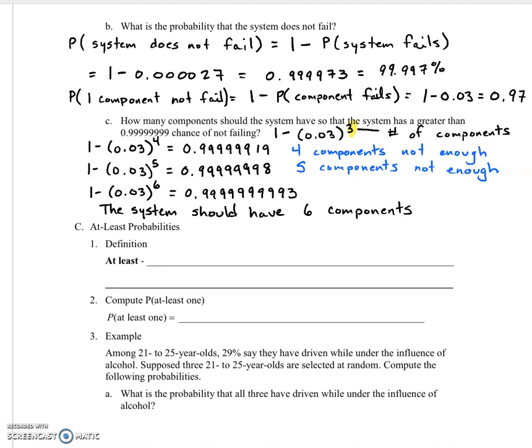All right, now we need to talk about at least probabilities. So at least means greater than or equal to.